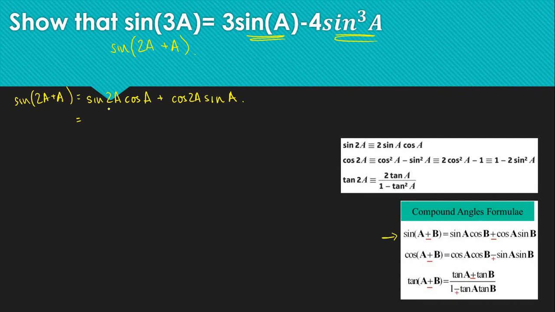The only thing we can do with the double angle formula here looks counterproductive because we're going away from having sine of something, but it's much worse to have 2a's than it is to have cos's being involved. So we're going to have 2 sine a cos a, lots of cos a.